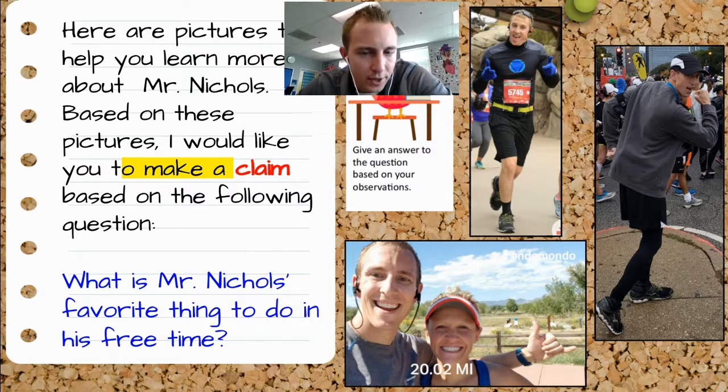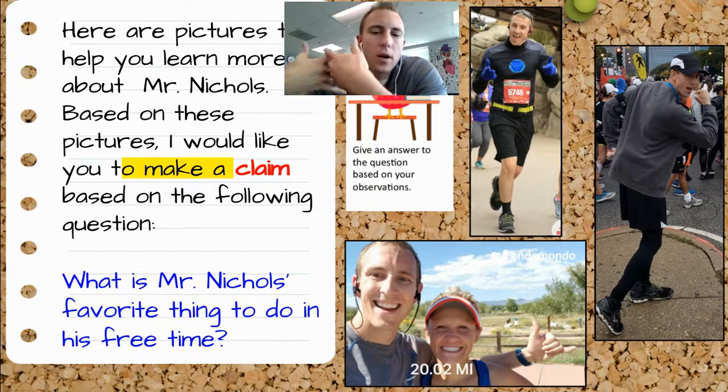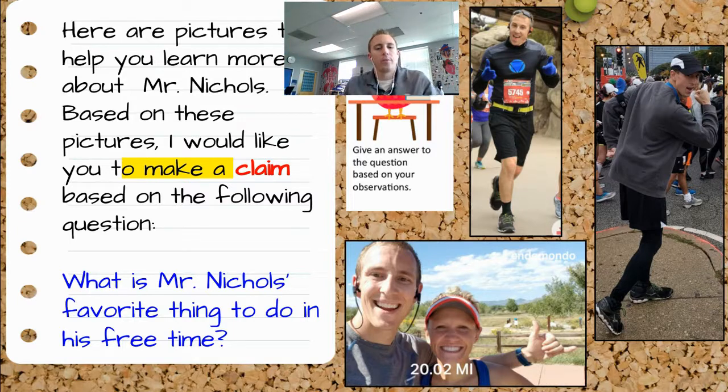I'm actually a distance runner, so I run half marathons and marathons, and that's what I like to do in my free time. The key here is that we're trying to create a question that can be answered by looking at those 2 to 3 pictures. So that's what you're going to be creating.